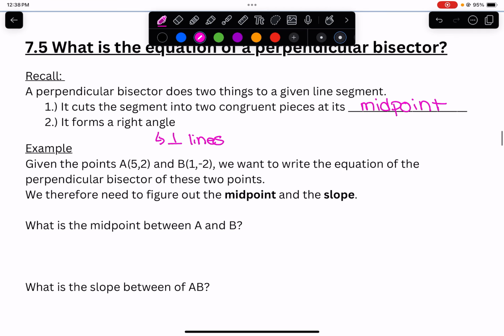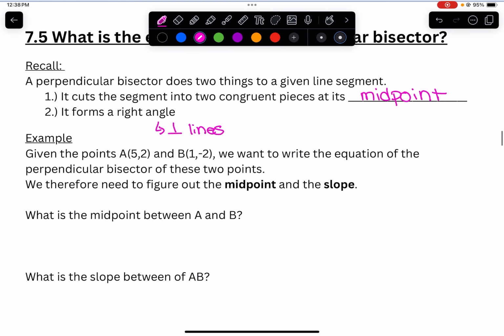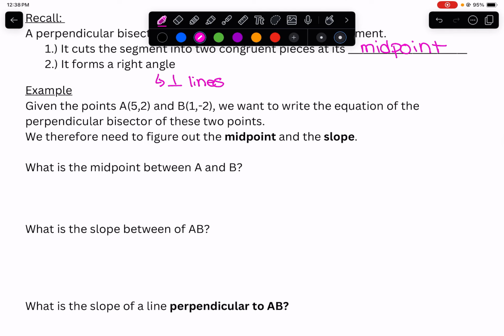Now, the past couple of lessons, we have been using both midpoint and perpendicular lines, and so this lesson is really going to be combining what we've been doing. So, if I'm given two points, A and B, and I want to create the equation of the perpendicular bisector of the segment of these two points, you need to know the midpoint and the slope, both our original slope and the slope that will be perpendicular.